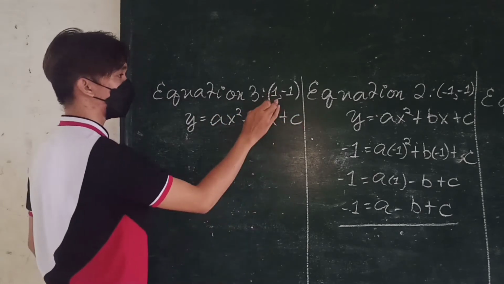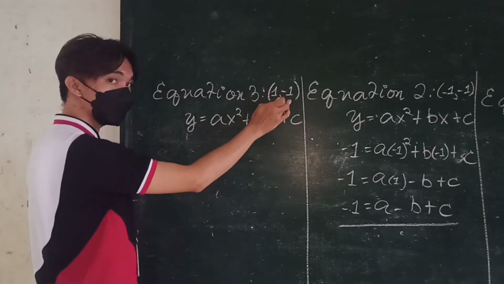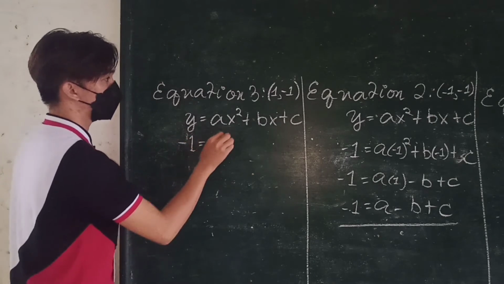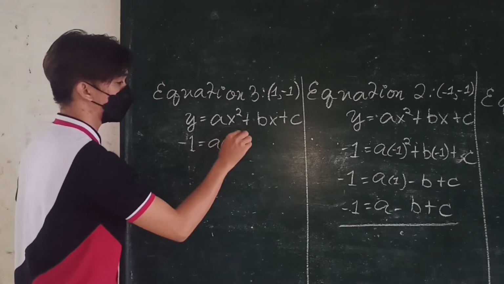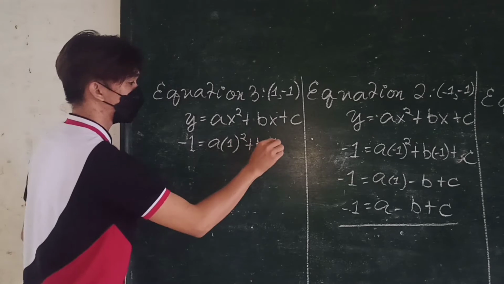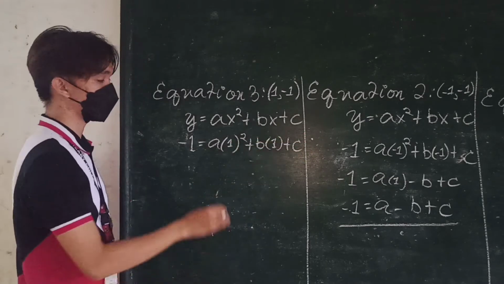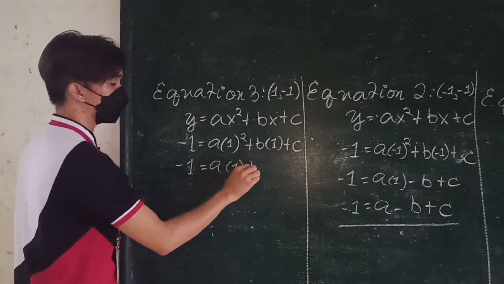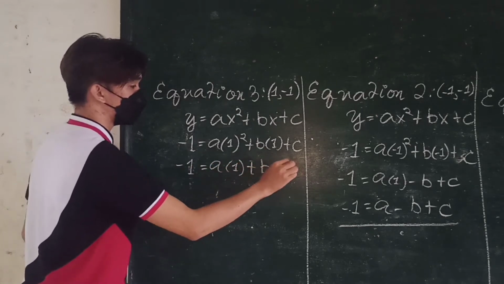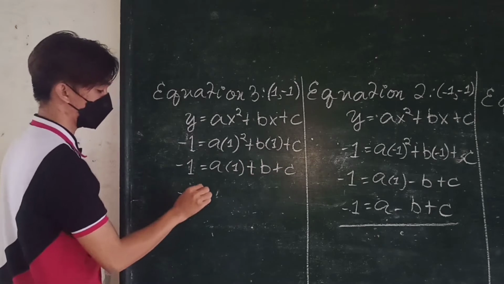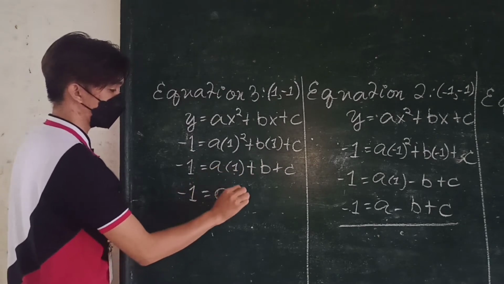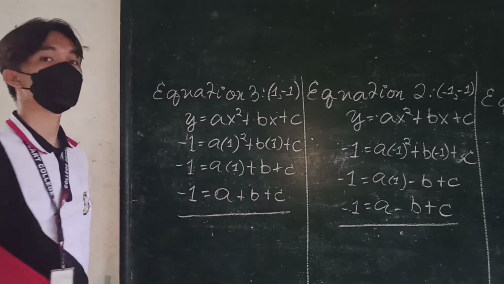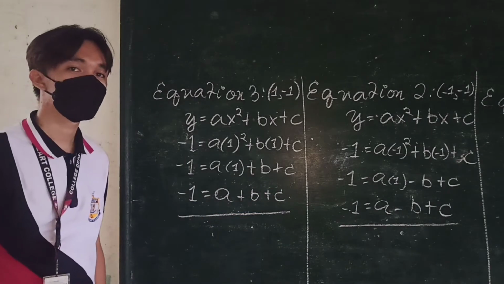Then we substitute the values of the ordered pair, the values of x and y. So we have negative 1 equals a times 1 squared plus b times 1 plus c. Then simplify. Negative 1 equals a plus b plus c is our equation 3.